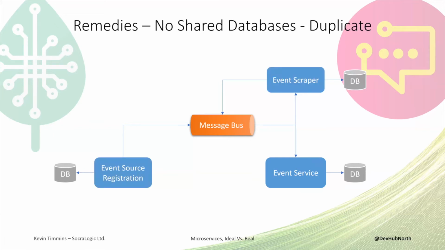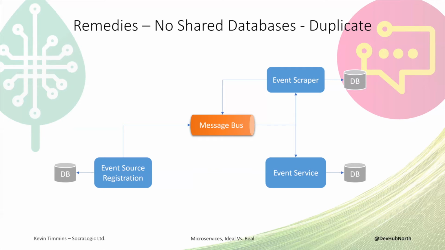So, no shared databases. We talked about shared databases as a remedy to maybe the additional field problem, but actually just duplicate the data. As soon as you've got a shared database, you have a hard dependency between the two services, or three services, or multiple services that use it. And that hard dependency is something that will cause your systems to fail.